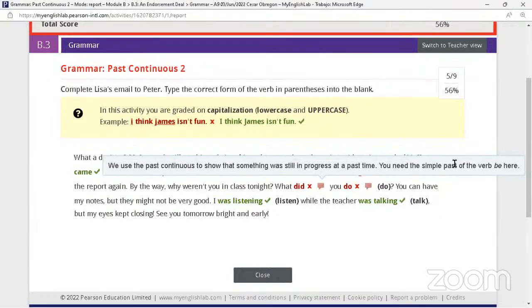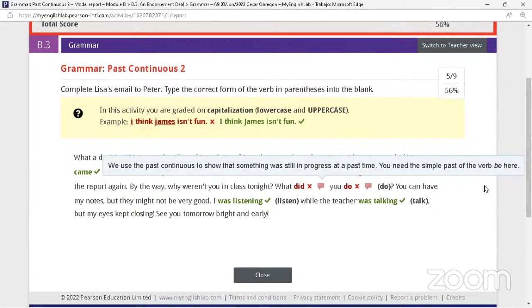But it says here you need the simple past. But I can understand that sentence, because we use the past continuous to show that something was still in progress in the past. You need the simple past of the verb be here. But the question is, why weren't you in class tonight?